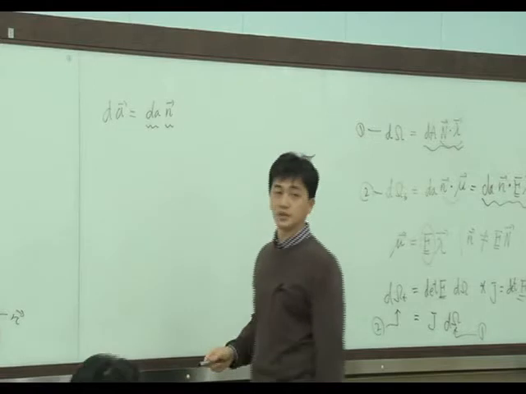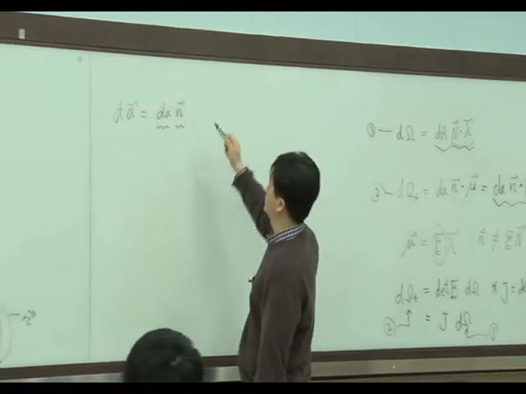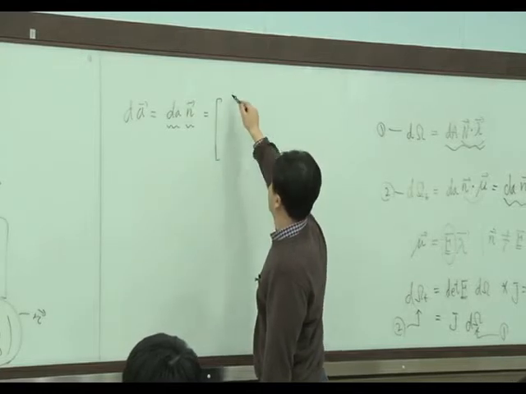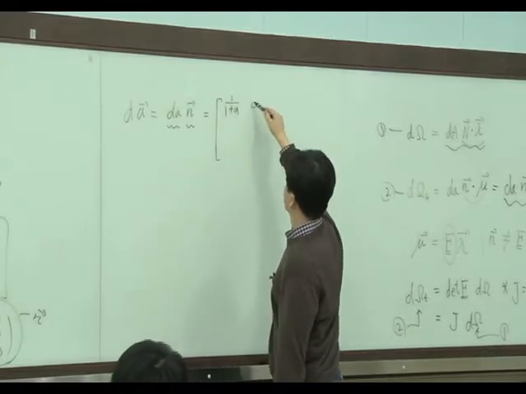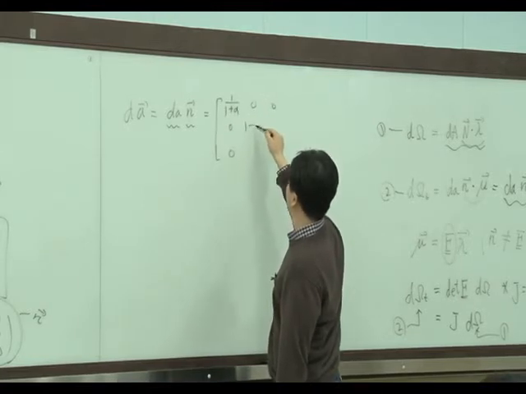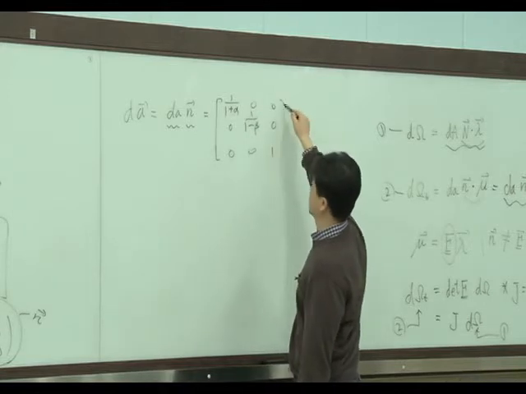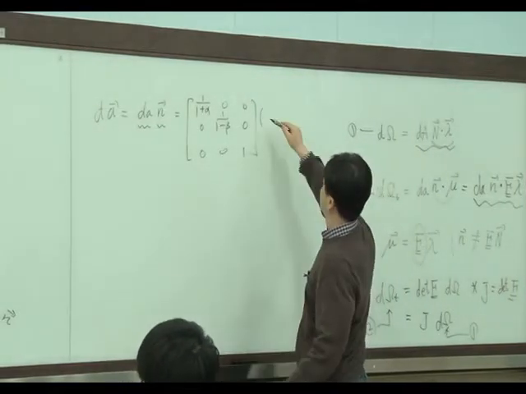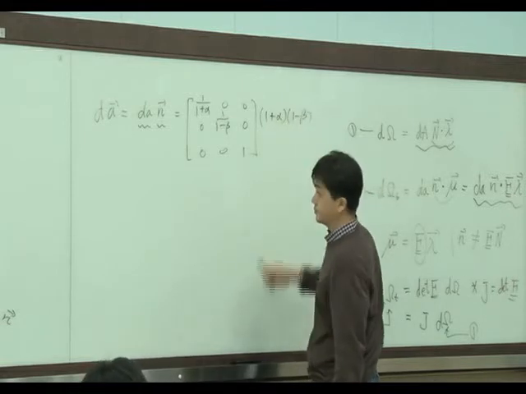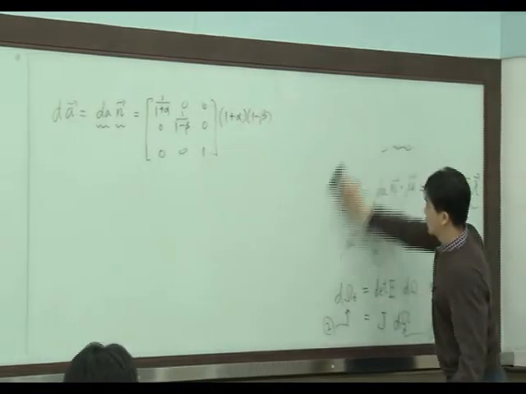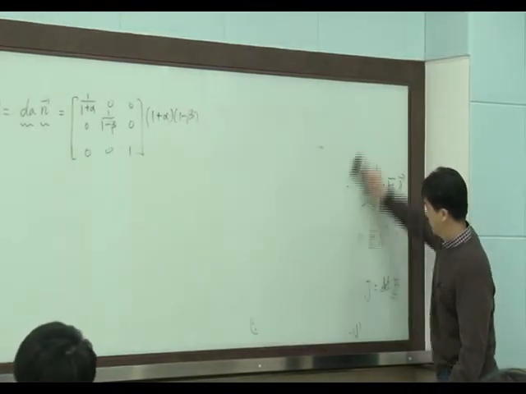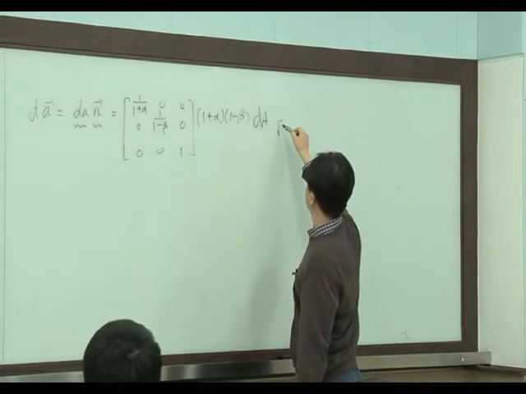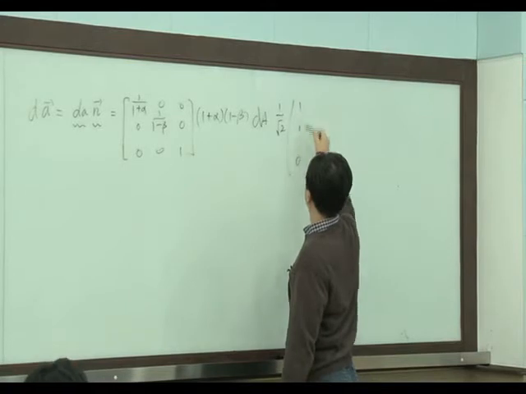I wanted to calculate both. And based on that equation, it equals the transpose of F, the matrix with 1 plus alpha, 0, 0, 0, 1 minus beta, 0, 0, 0, 1, and the determinant J, 1 plus alpha, 1 minus beta, and dA, N, 1, 1, 0. This is the result.